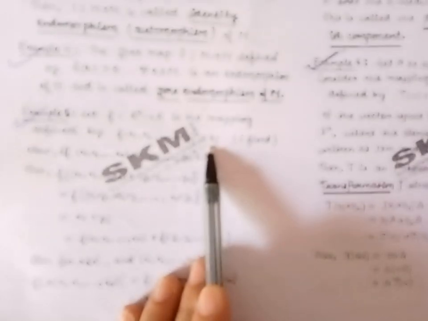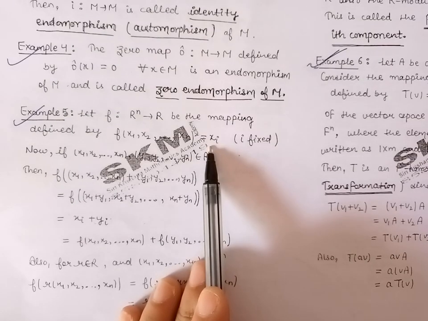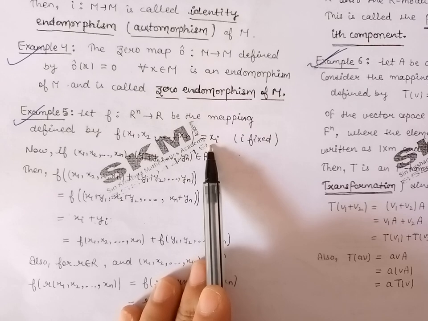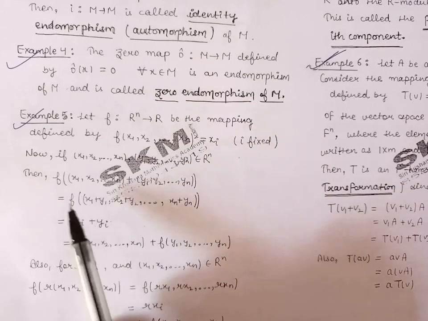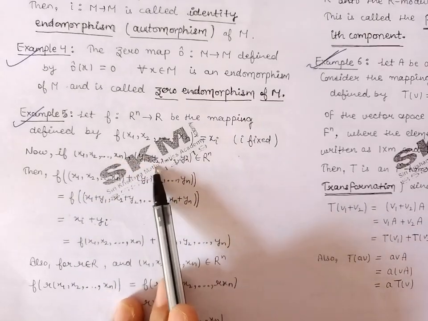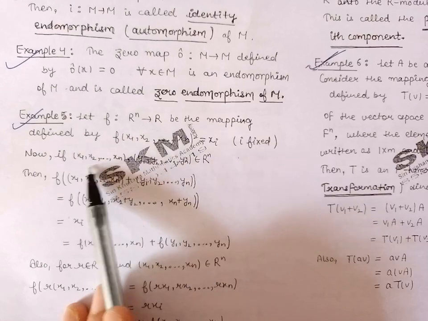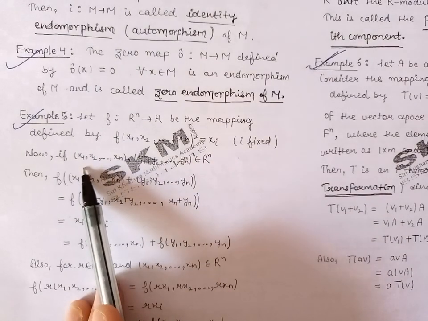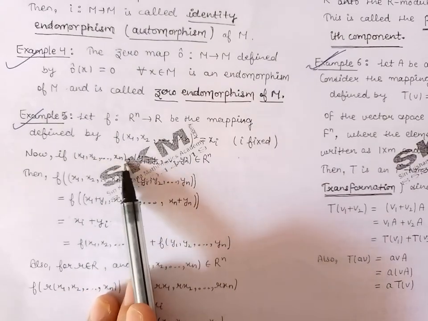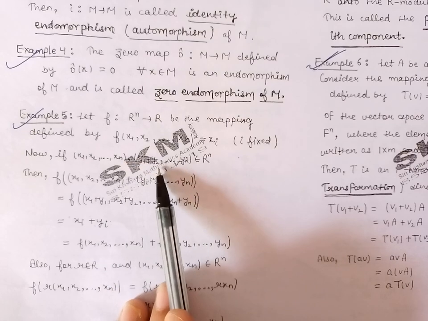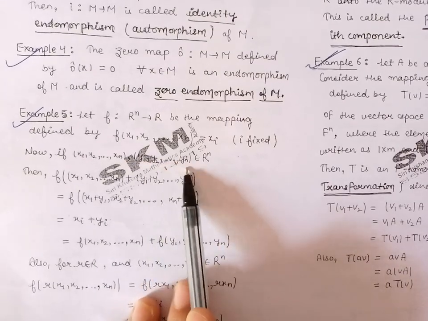We will prove that this mapping is a homomorphism of Rn onto R. Now to prove this, first of all let us take two elements belonging to Rn. So they will have n coordinates. First we have taken x having the coordinates x1, x2, x3 up to xn, and second we have taken y with coordinates y1, y2, y3 up to yn.